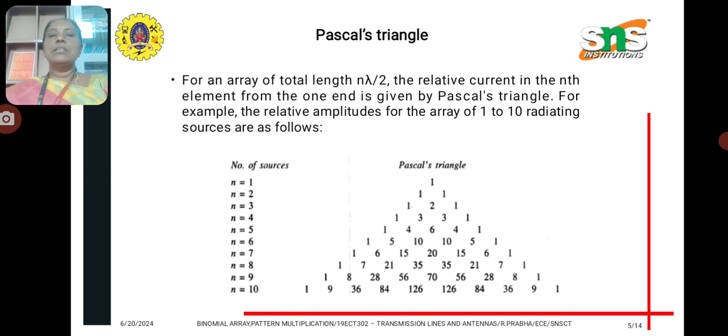For n equal to 2, the amplitude ratio is 1:1, for n equal to 3 it is 1:2:1, for n equal to 4 it is 1:3:3:1, and for n equal to 5 it is 1:4:6:4:1, and so on. If we observe this Pascal's triangle, all the end elements have the amplitude ratio one, but each middle element is the sum of the adjacent elements of the previous row.